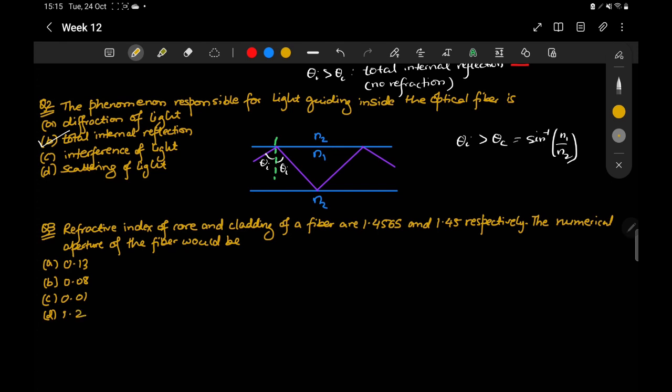So this is another question on optical fibers. This one is a simple numerical question based on optical fibers. And I have restarted the poll for all of you.